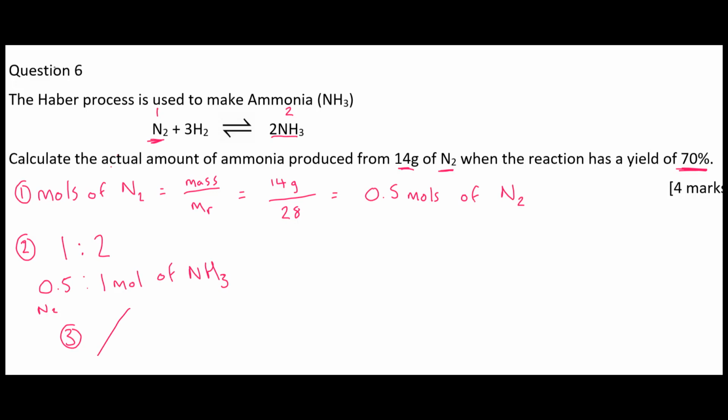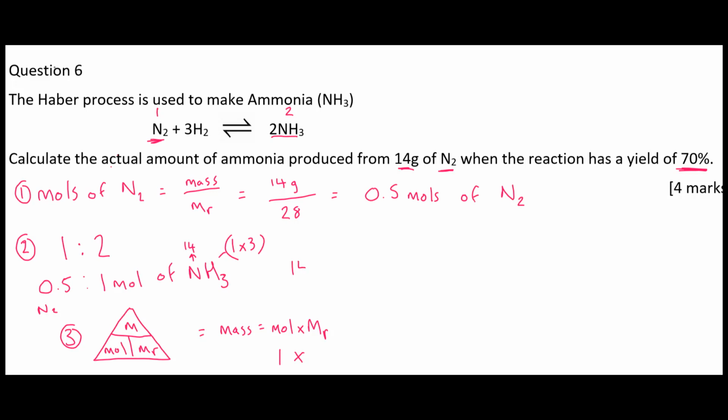Now again, if I put my triangle where mass goes at the top, moles and mR, you should be able to see that from this triangle the mass is just moles times the mR. Well, I know that I have 1 mole of ammonia, and the mR of ammonia, well, nitrogen has a mass of 14, hydrogen has a mass of 1, but there are 3 of them.